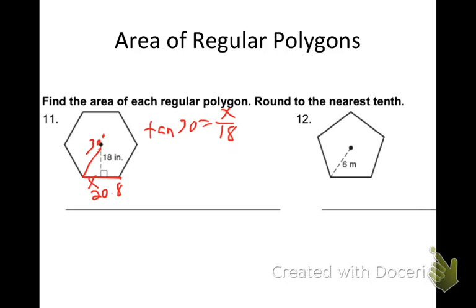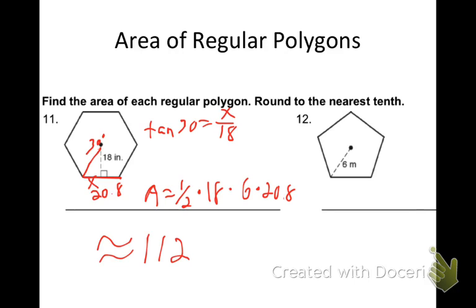So then my area equals 1/2 times 18 times 6 times 20.8. And the best answer I've seen was about 1,122.4 inches squared. Nice job.